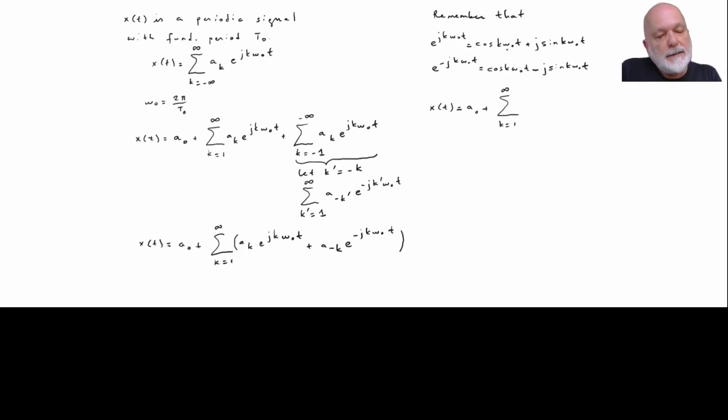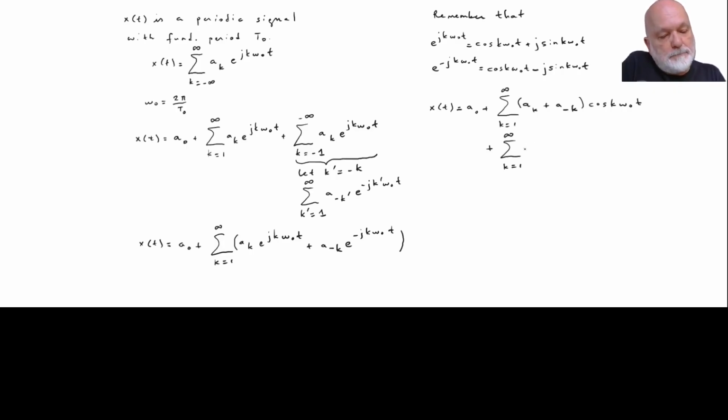Now we can combine the coefficients of the cosine terms as ak plus a minus k, multiplied by cosine k omega 0 t, plus the sum over k from 1 to infinity, and we can combine the coefficients of the sine terms.